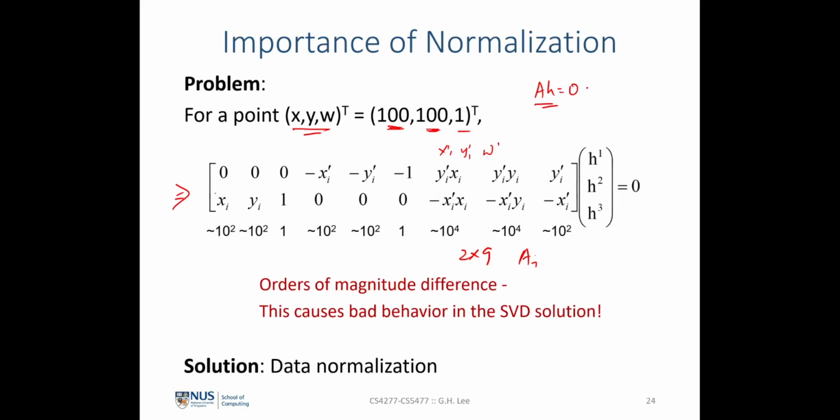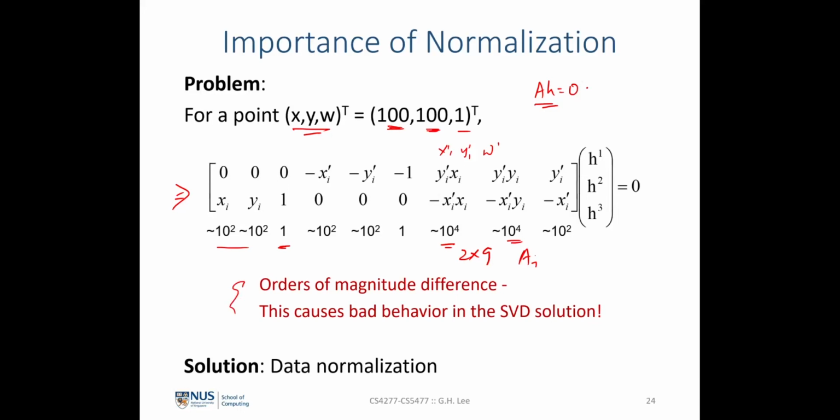We can see that some of the columns are going to be in the order of hundreds, some of the columns are going to be in the order of ones, and some of the columns, because of the multiplication of two terms, are going to be in the order of 10,000s, 10 to the power of 4. This order of magnitude difference is going to cause a bad behavior in SVD.